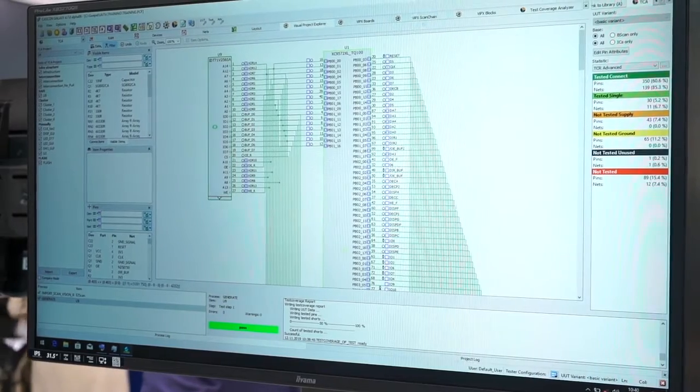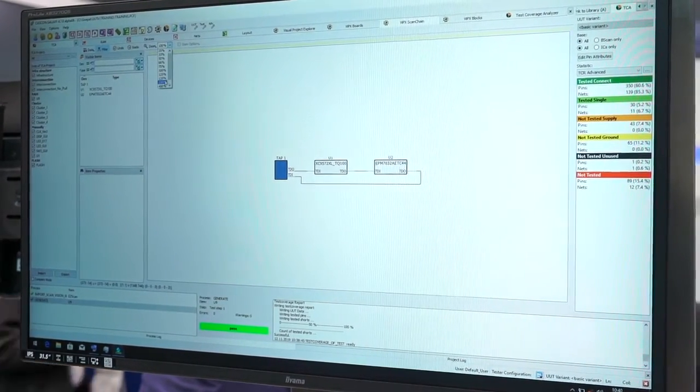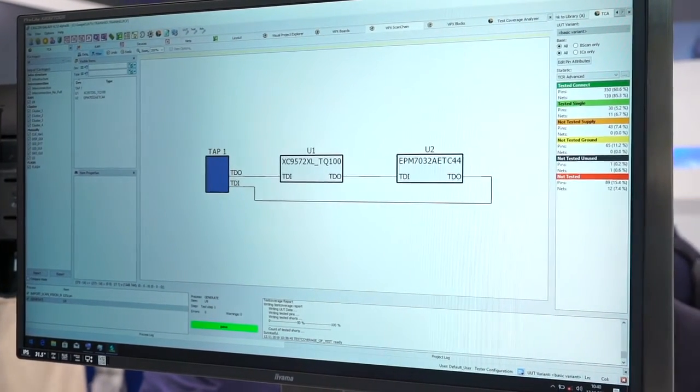We have had this information in Gascon for years, but in plain lists or tables. Now we are starting to create a graphical user interface so that you can see the boards in your project and how they are connected, and also the abstract scan path. What is the scan chain of boundary scan? Now we can visualize it, interact with it, and manipulate it.